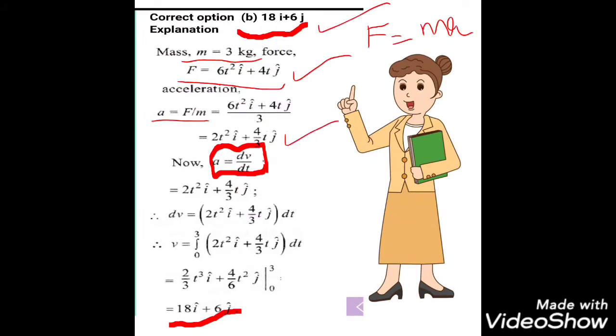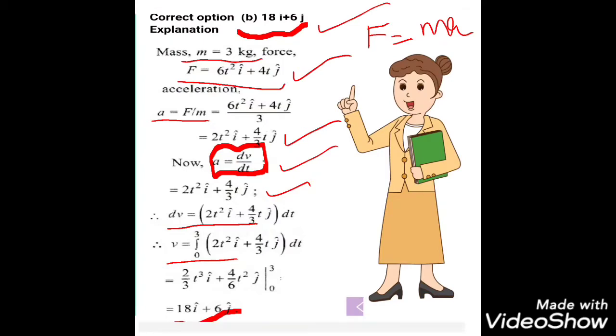So you are getting this equation. A means acceleration, that means differentiation. In terms of differentiation, change in velocity by time, dv/dt, is given by this equation. If you integrate the velocity, you will get the distance. If you integrate the acceleration, you will get the velocity.